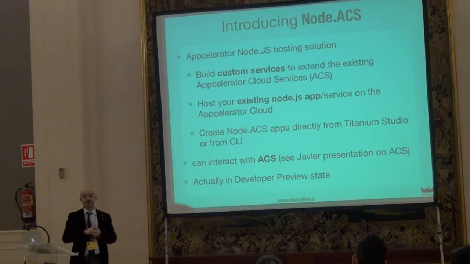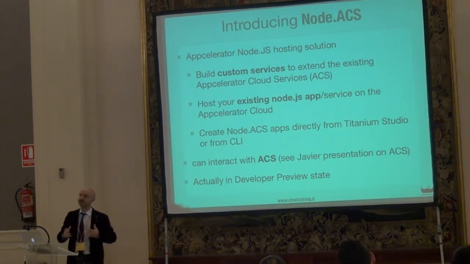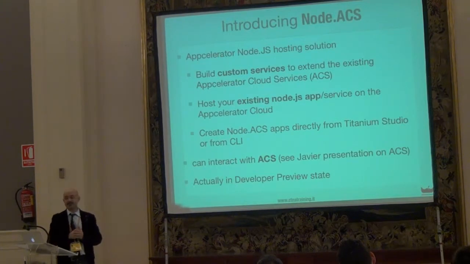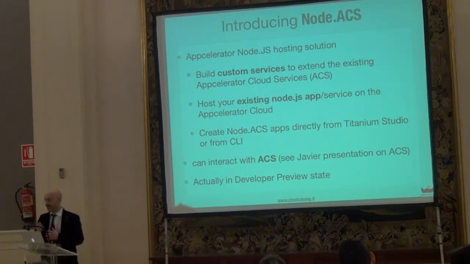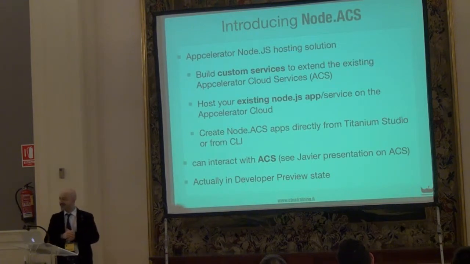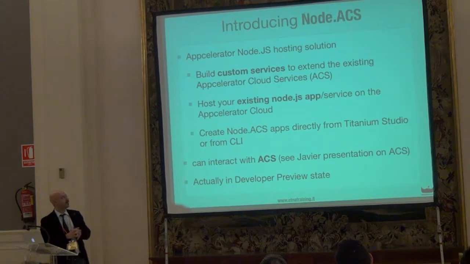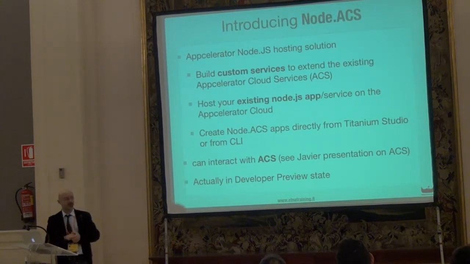ACS is the Accelerator Cloud Services that offer 25 web services ready to use, the backend as a service of Accelerator. And tomorrow Javier will show how ACS has been used, I guess, in his nice app, My Things. And the nice thing is that Node.ACS is supported directly from Titanium Studio or from the command line interface.